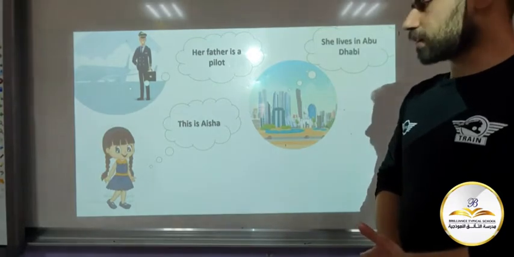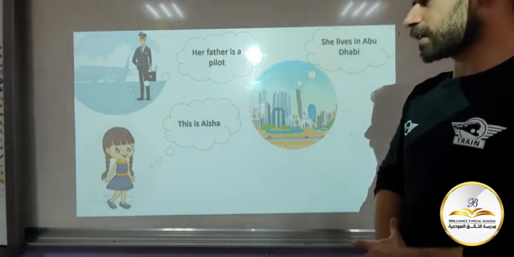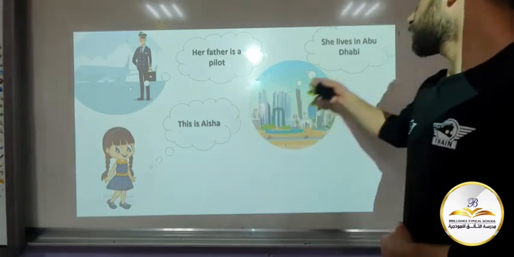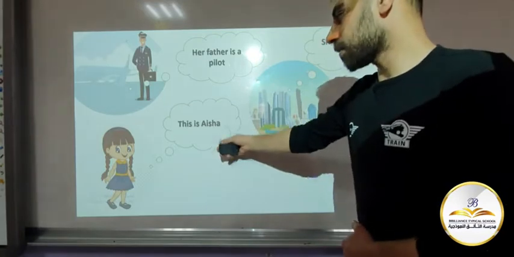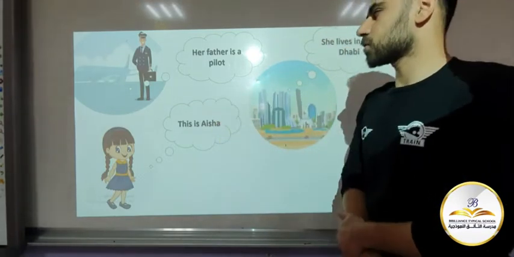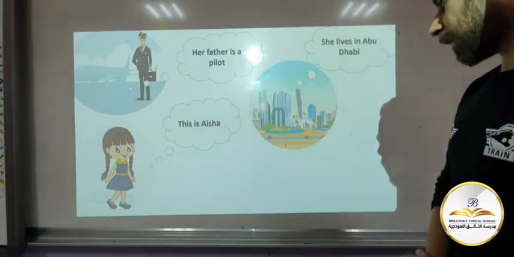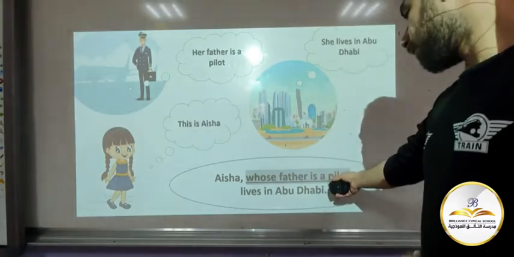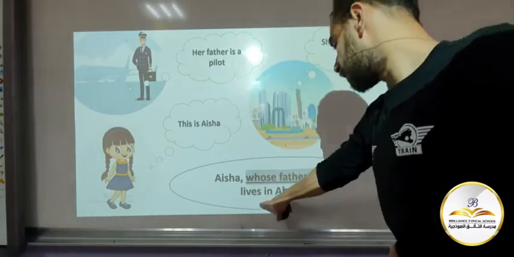This is a fact, and this is a fact, and this is somehow also a fact, but we need to mix all of these in one structure. Some of you are going to say, Aisha, whose father is a pilot, lives in Abu Dhabi.